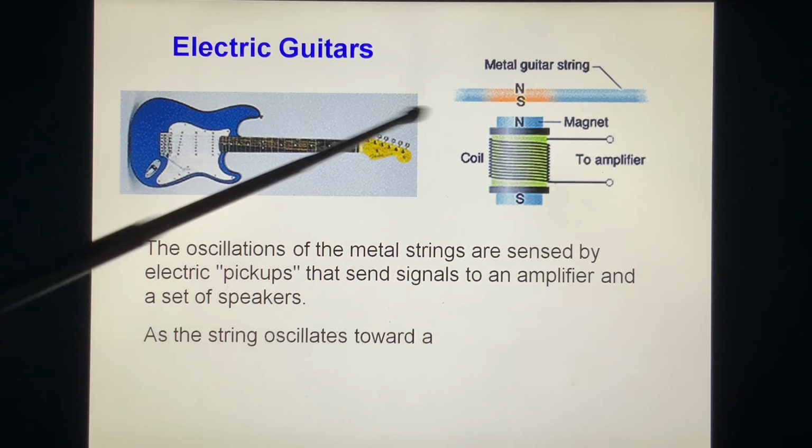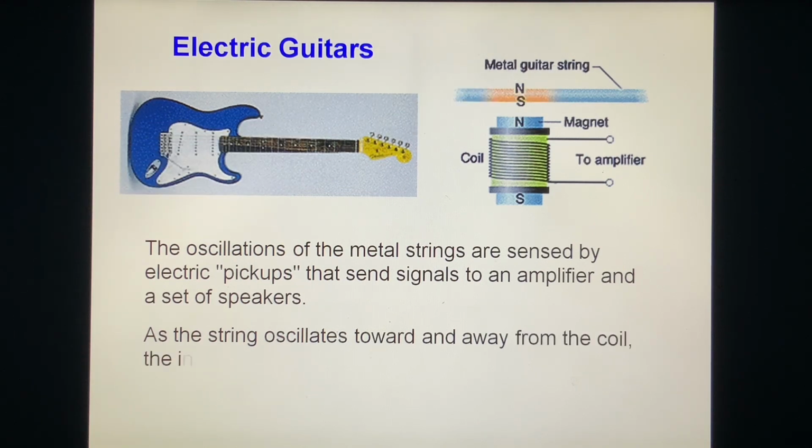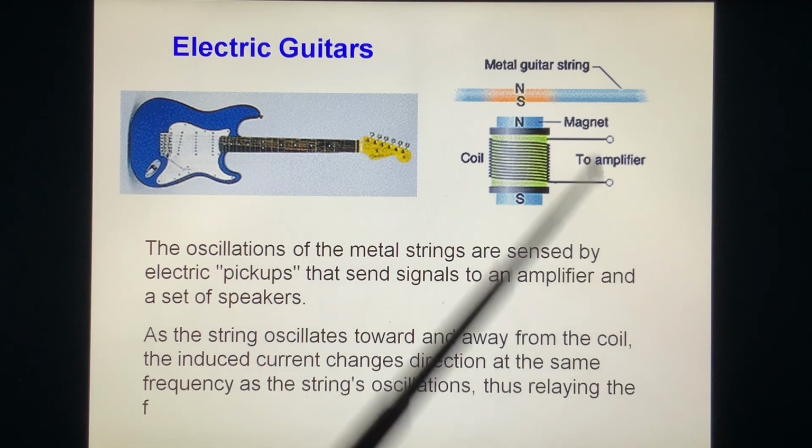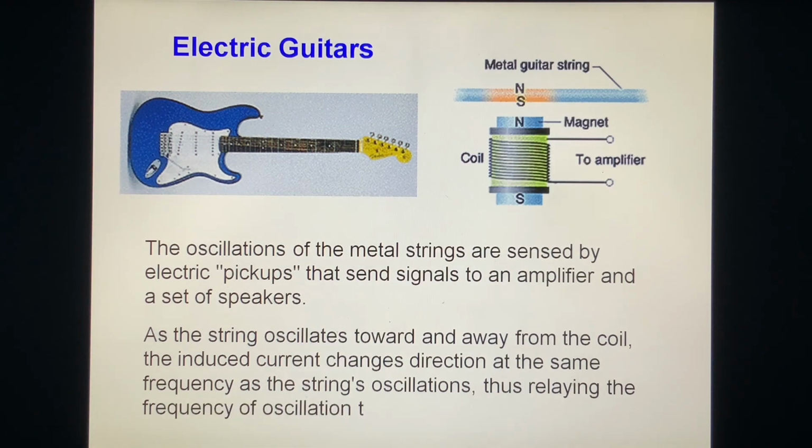As the string oscillates toward and away from the coil, the induced current changes direction at the same frequency as the string's oscillations. Thus, it relays the frequency of oscillation to the amplifier and the speaker.